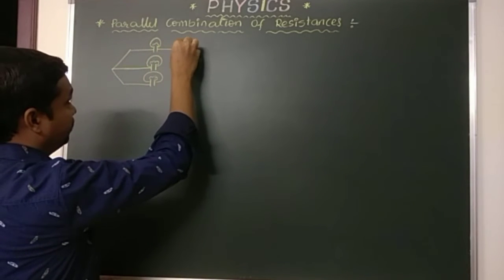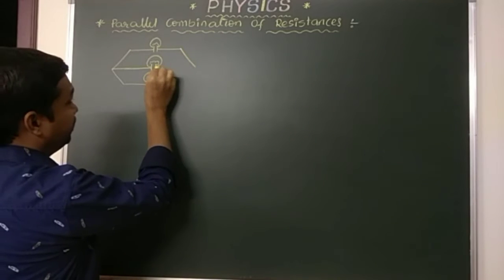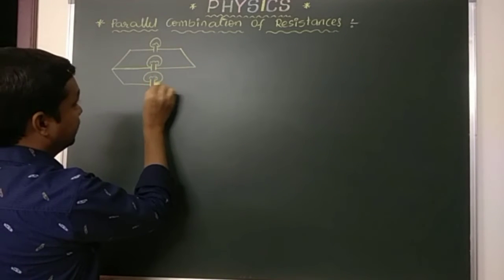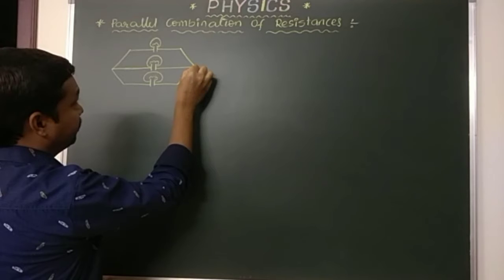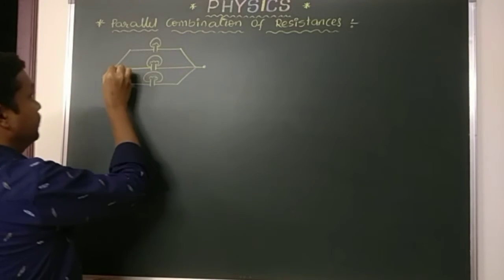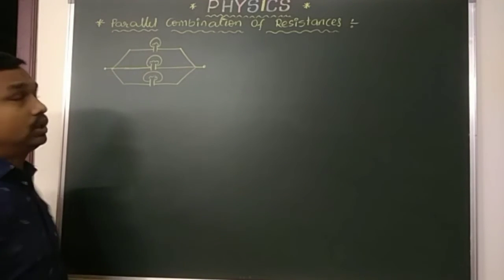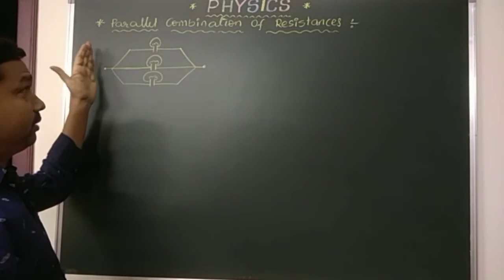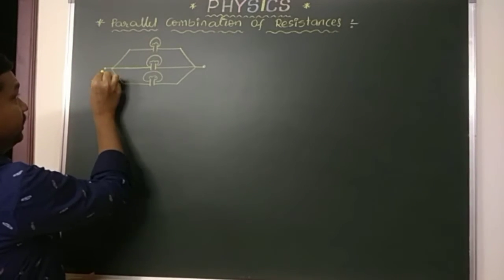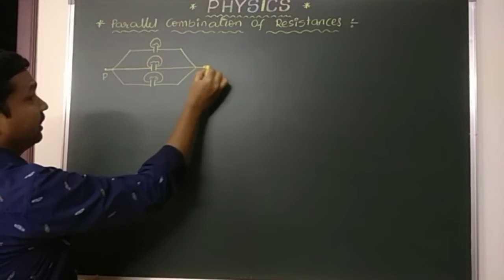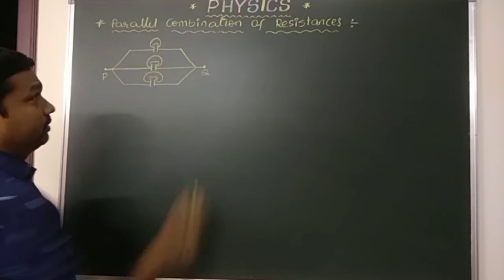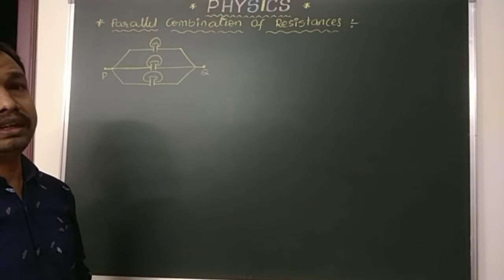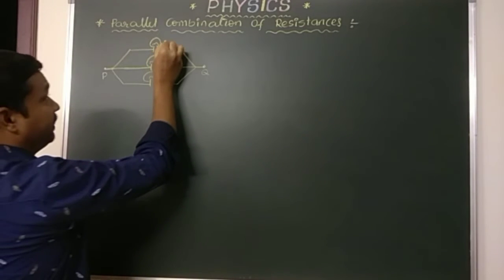Similarly, on the right side also we connect at one common point, so that you get a parallel combination of resistances. All the first terminals are connected at one common point, all the second terminals at another common point. Such a combination we call parallel, with different resistances.